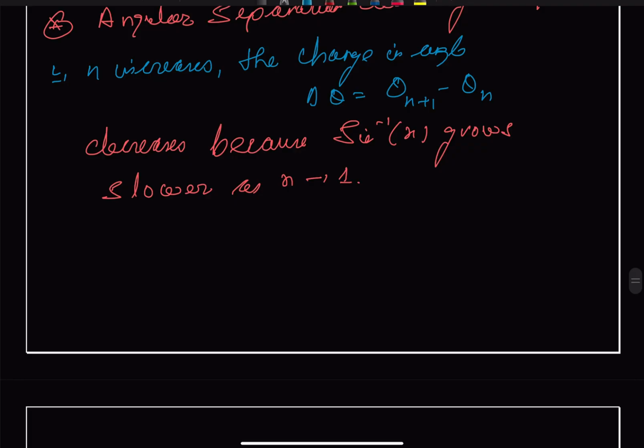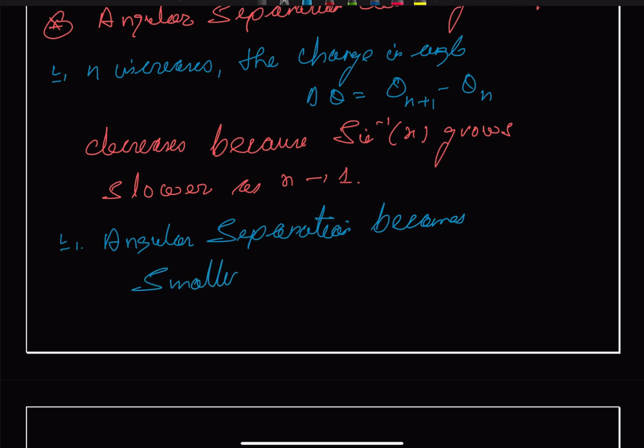So from here we can draw a conclusion that the angular separation becomes smaller as we move from P1 to P2.